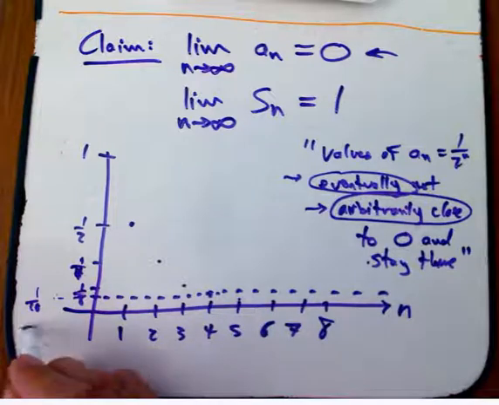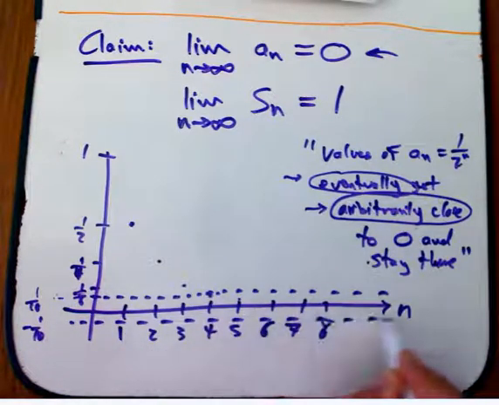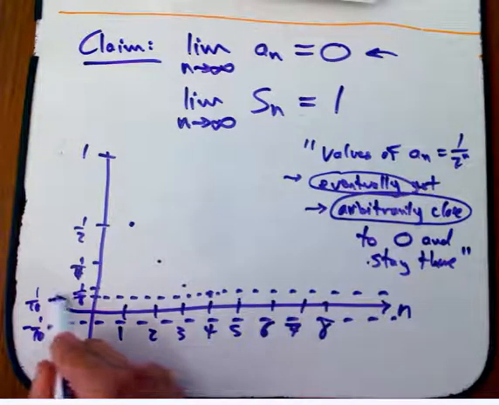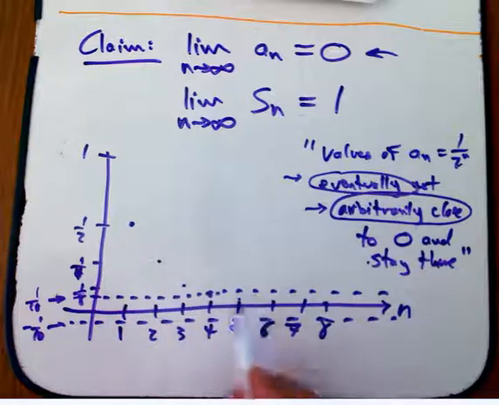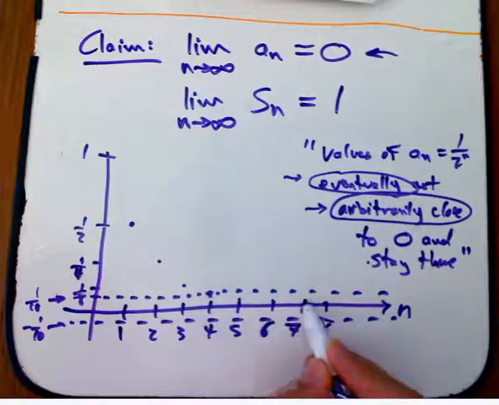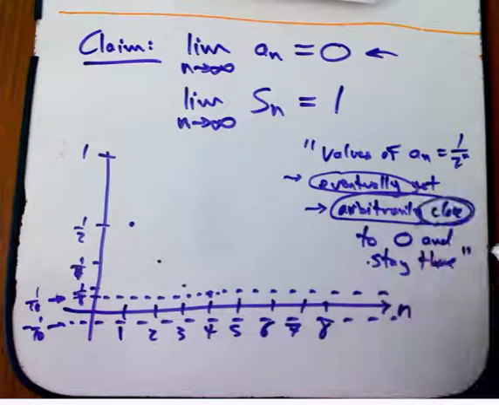I'm going to give myself a little wiggle room between minus 1/10 and 1/10, and I'm going to see if the terms of this sequence actually get within that amount of wiggle room, that definition of closeness, to the claimed limit 0.